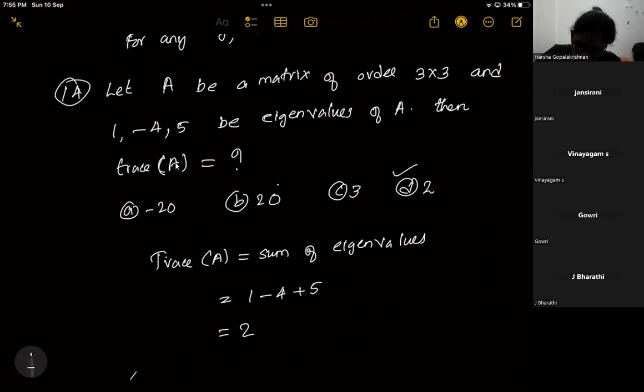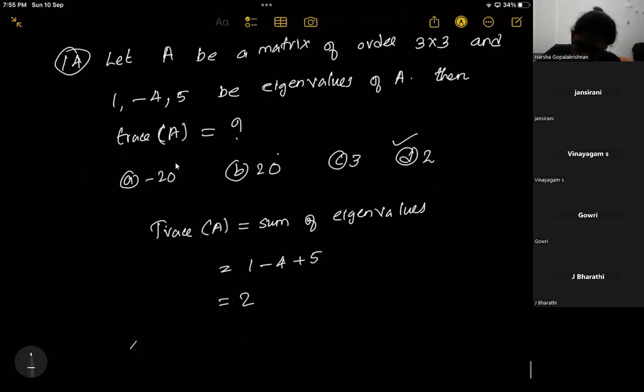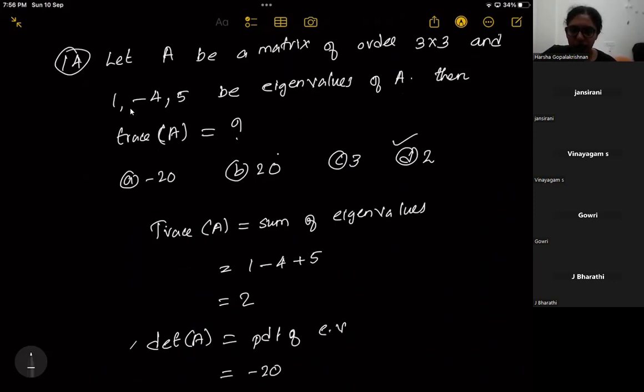Now, what is the determinant of A? It is the product of the eigenvalues, 1 into -4 into 5, which is -20.